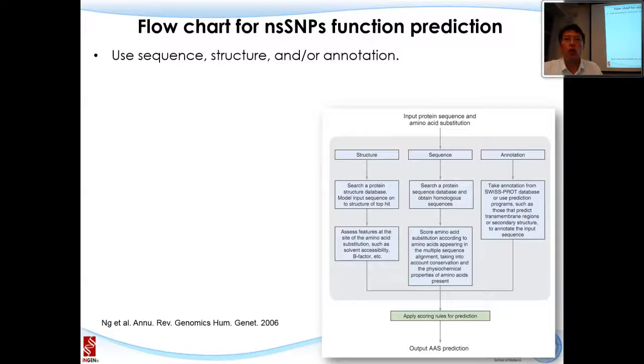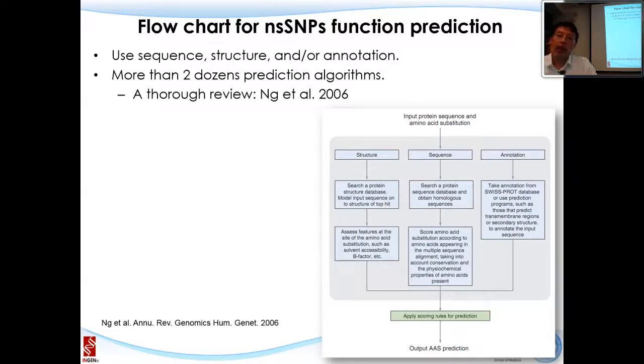Given this, to put it into perspective, there are several different types of information people use to prioritize the non-synonymous SNPs. There are mostly 2 types. One is the sequence information, including the evolutionary conservation and the sequence alignment, as well as the protein structure information. Of course, if more is known about the annotation of those individual regions, that will be useful as well.